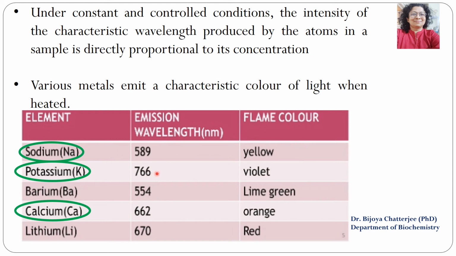Potassium emits light of 766 nanometer wavelength, which is violet in color. Barium produces 554 nanometer light, which is lime green in color. Calcium produces 622 nanometer light, which is orangish in color. And lithium produces 670 nanometer wavelength, which is red in color.